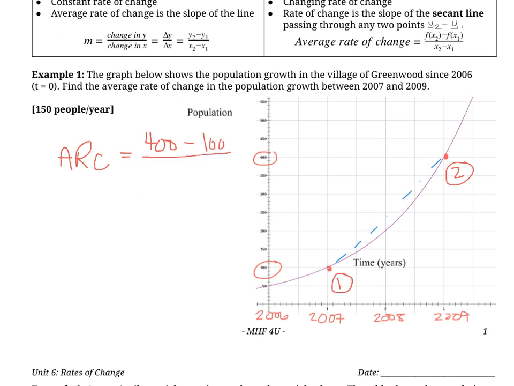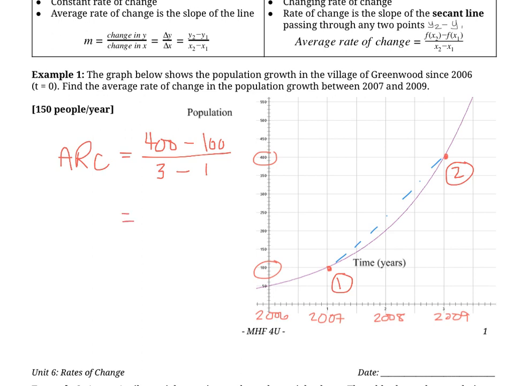And then we're going to divide by basically the difference between those 2 years. And because the graph has 1, 2, 3, the years are 2007, 2008, 2009, it doesn't really matter which one x2 and x1 are. I'm just going to use what's on the graph. So 3 minus 1, right? Either way, the difference is going to be 2 years.